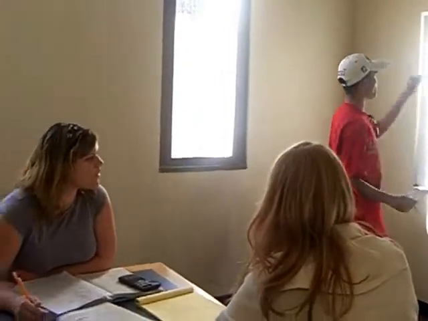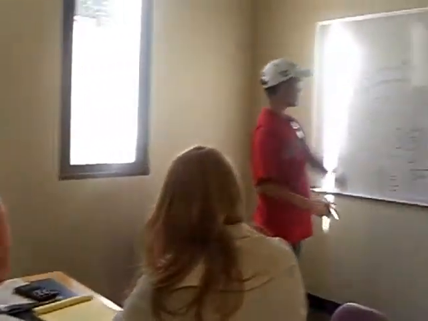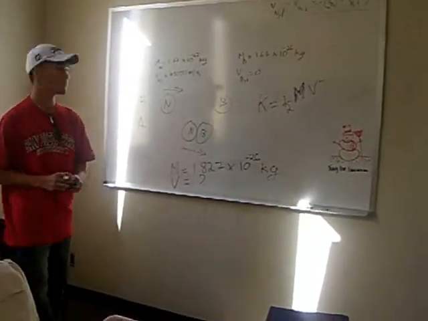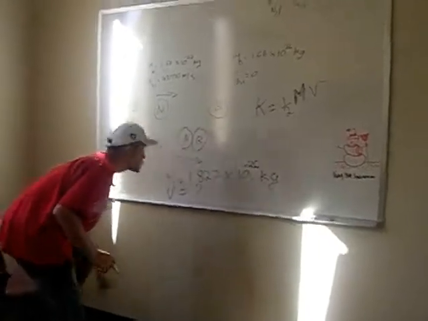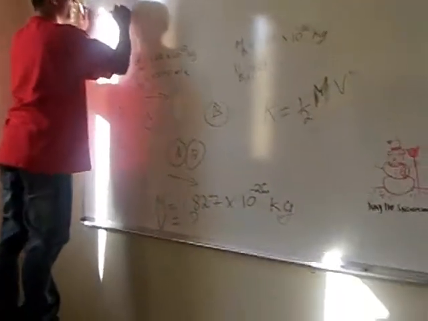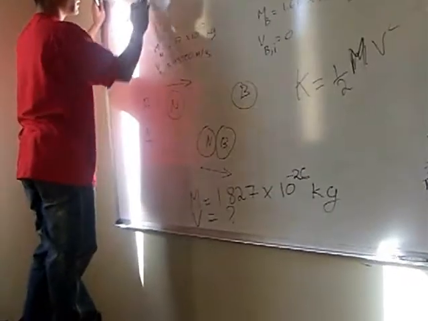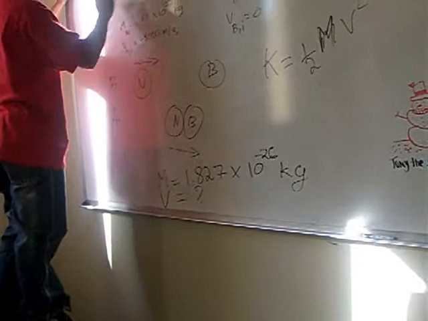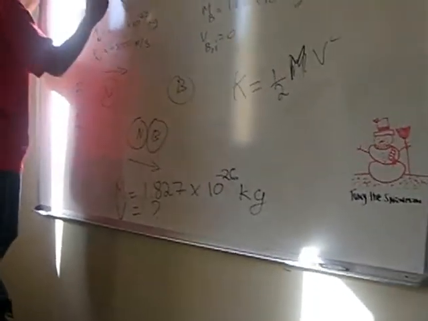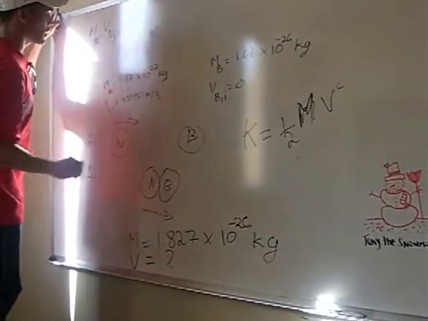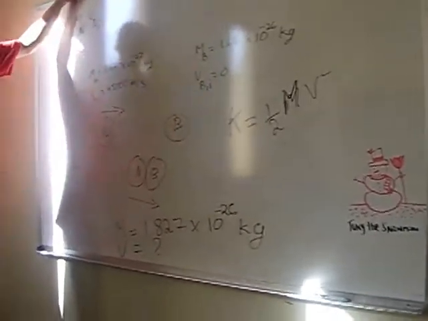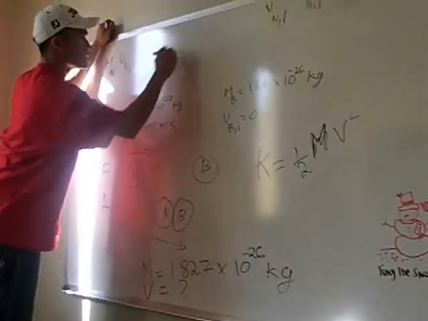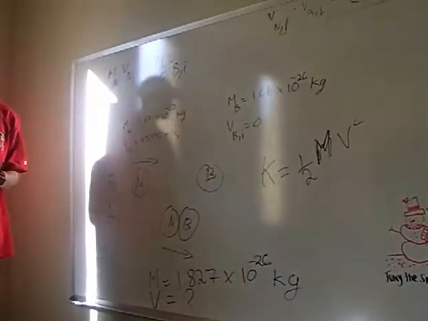Now we have a bunch of initial quantities, and we want to find the final ones, so I think of conservation of momentum. The conservation of momentum is the mass of the neutron times the initial velocity of the neutron, plus the mass of the boron times the initial velocity of the boron. The initial velocity of the boron is 0 because it's not moving.